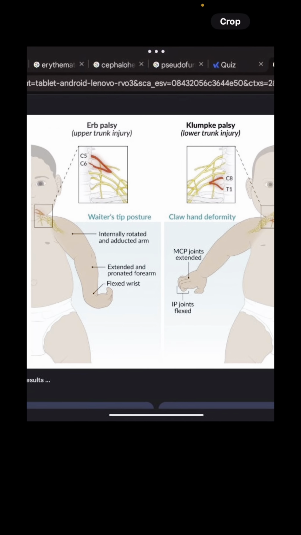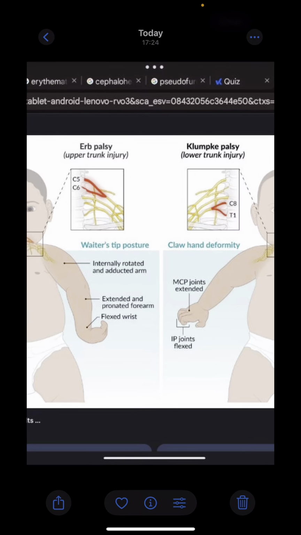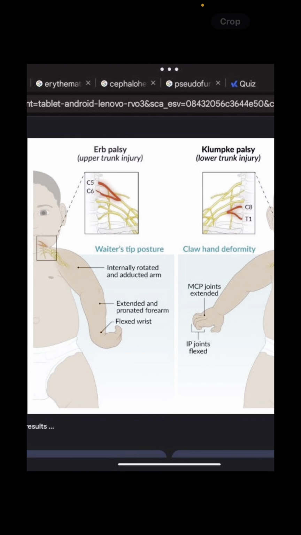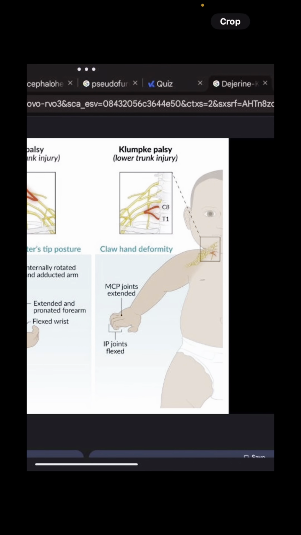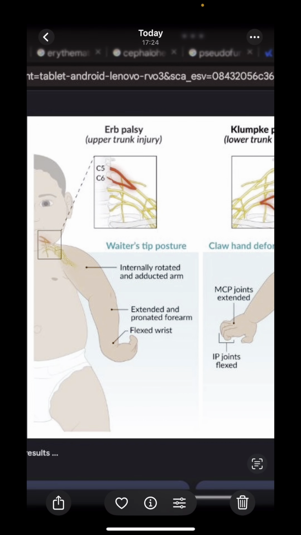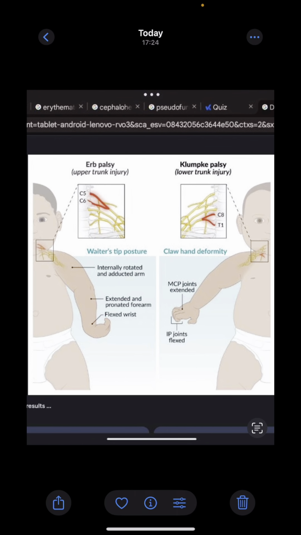Next is Erb's palsy and Klumpke's palsy. Erb's palsy is the problem with C5 and C6, whereas Klumpke's paralysis is the problem with C8 and T1. In Erb's palsy, it's the upper trunk injury. We can see the waiter's tip posture, the internally rotated arm, the adducted arm, and extended and pronated forearm, flexed wrist.